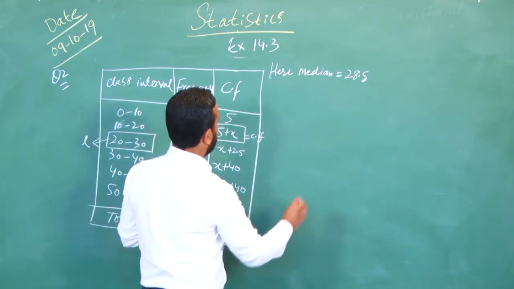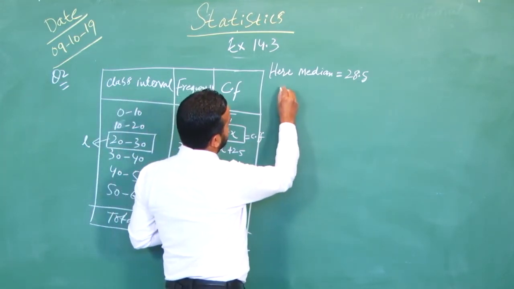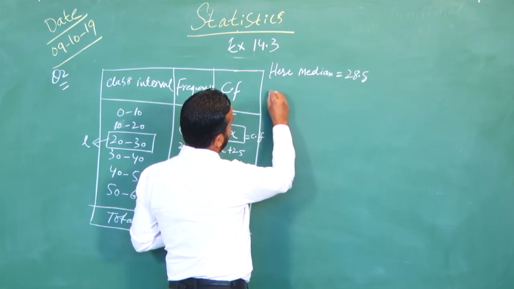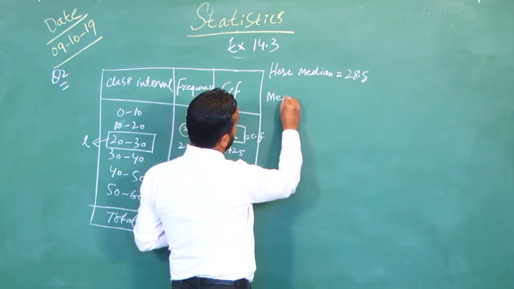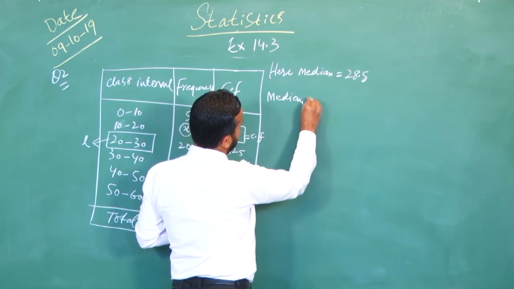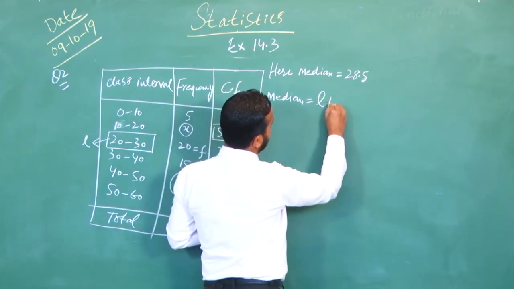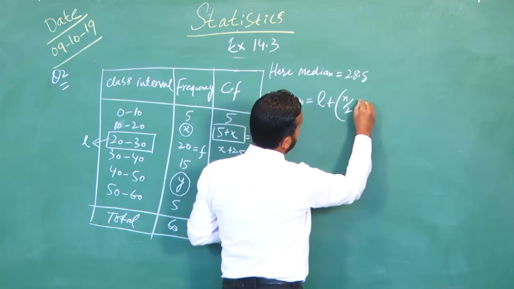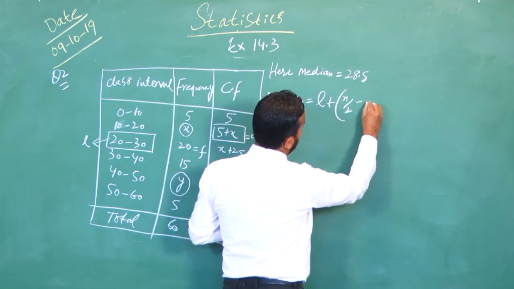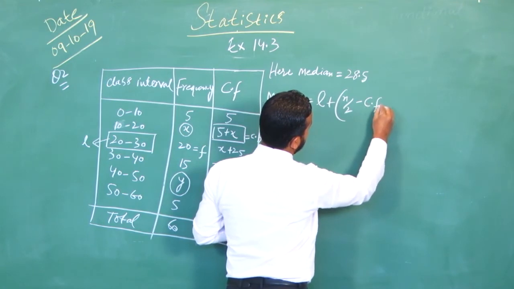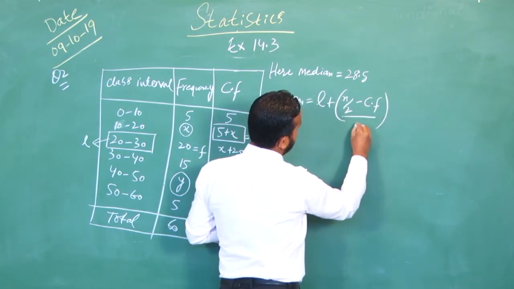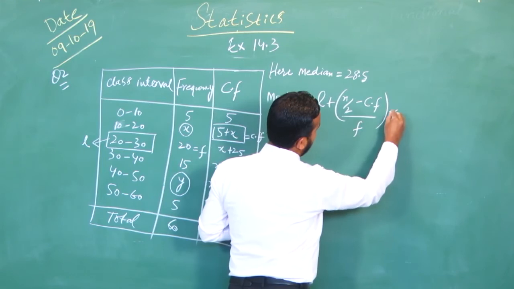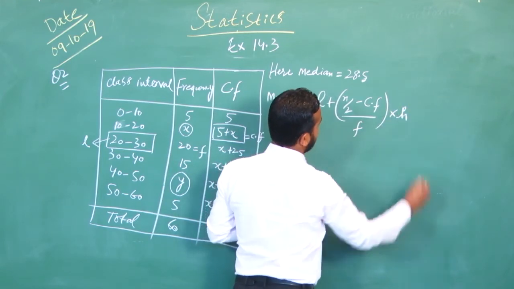Now, what is the formula that we know? Median is equal to L plus n by 2 minus CF, divided by F, multiplied by H. With the help of this result, we are going to find the unknowns.